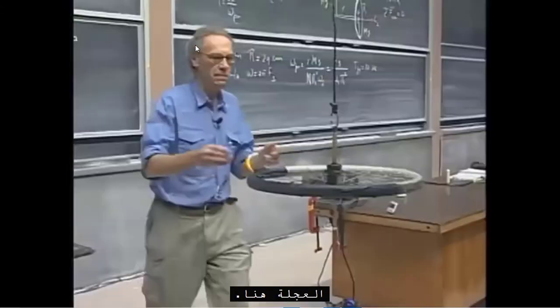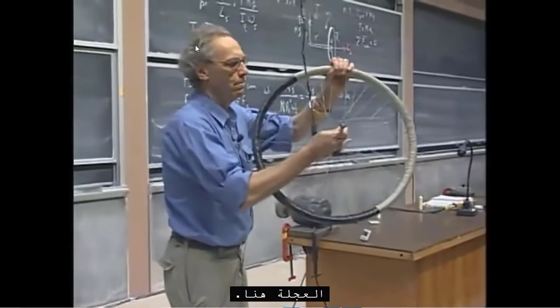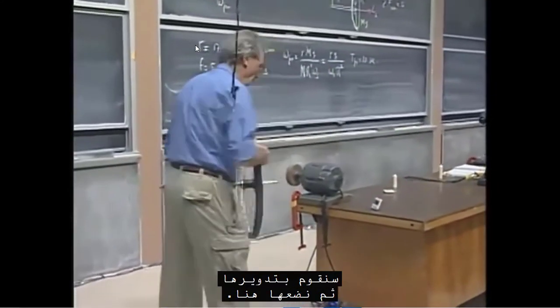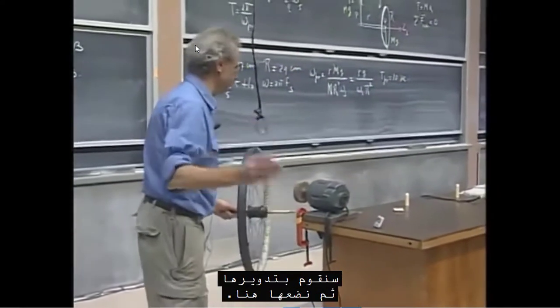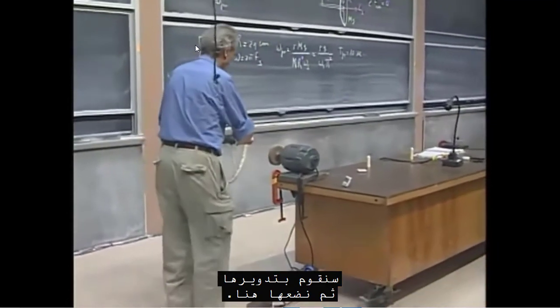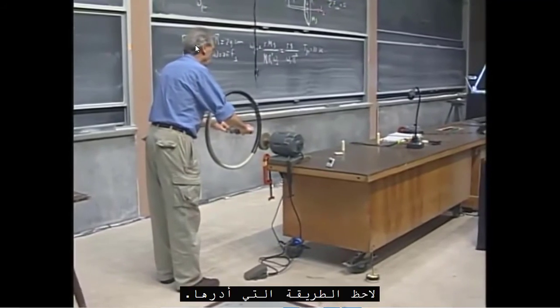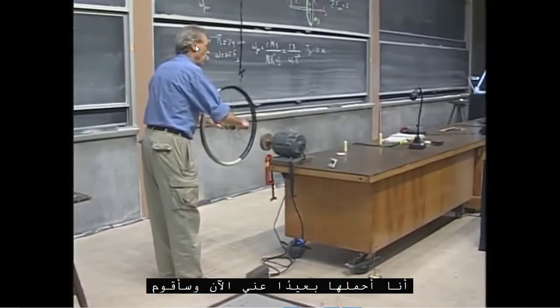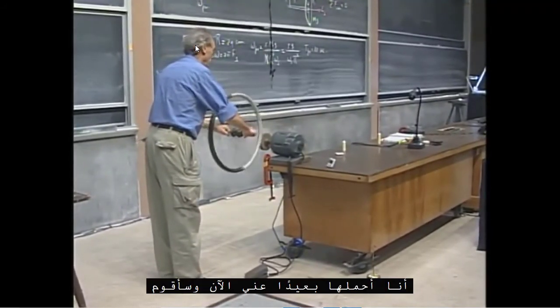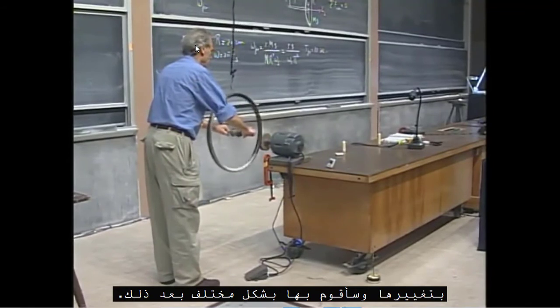Where's the wheel? The wheel is here. So we'll spin it up, and then we'll put it in here. Notice the way I'm spinning it. I'm holding it away from you now. I'm going to change it and do it differently next.